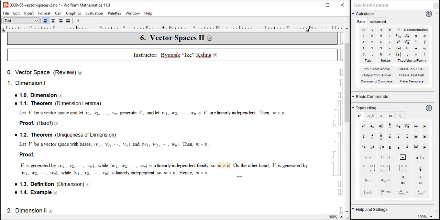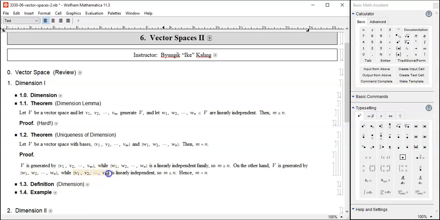Now, let's use the same theorem 1.1 or dimension lemma from a slightly different point of view. For this basis, we used generating and we didn't use linear independence yet. For this one, we use linear independence but not generating. So we use the other things. So capital V is generated now by W1, W2 all the way to Wn.